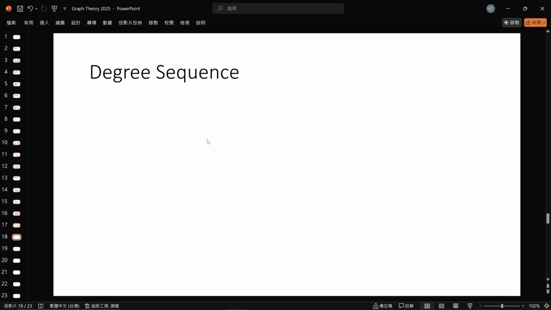So you get a sequence of degrees, for example 3, 3, 2, 2, 1, 1. So you get some numbers as degrees, and the output is, basically, in this problem, you need to find a graph that matches this degree sequence.